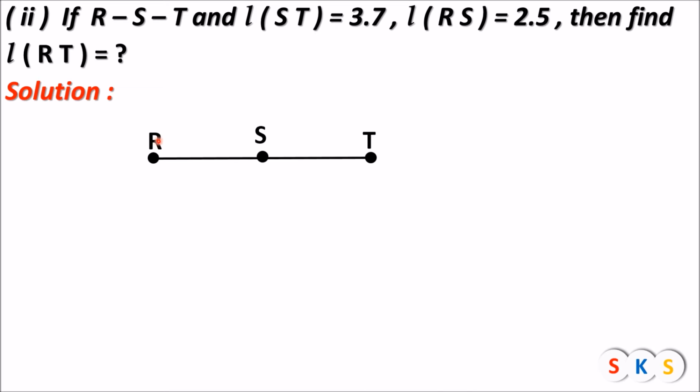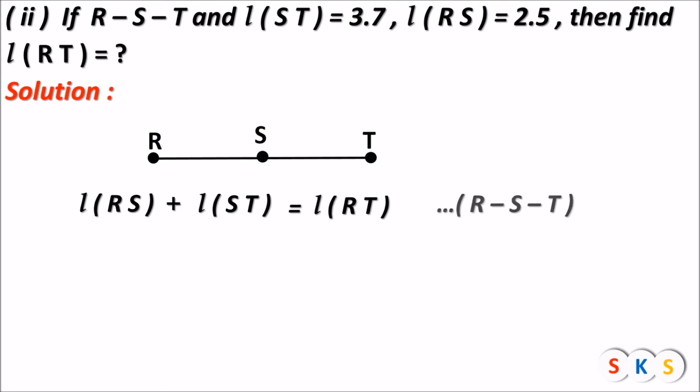Length of segment RS plus length of segment ST equals length of segment RT. So length RS plus length ST equals length RT, since S is between R and T. We will substitute length of RS as 2.5 and length of ST as 3.7.